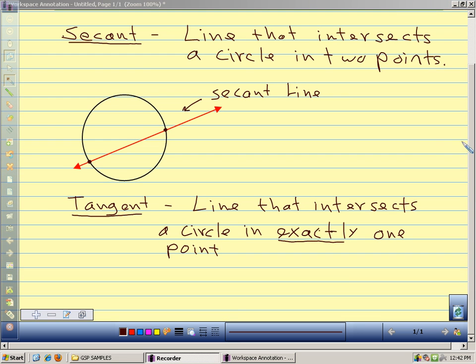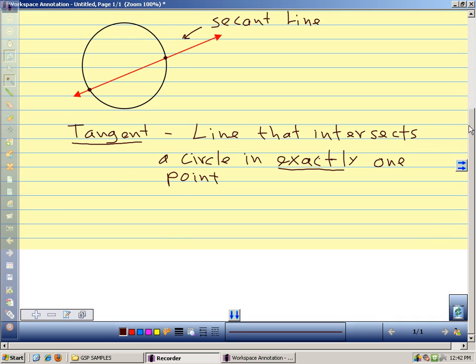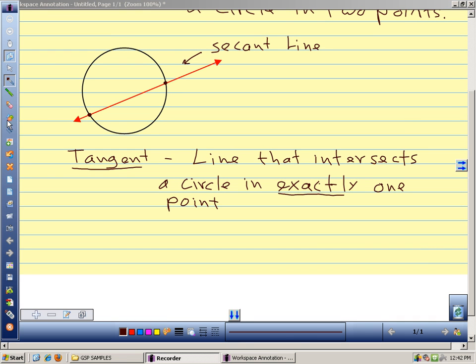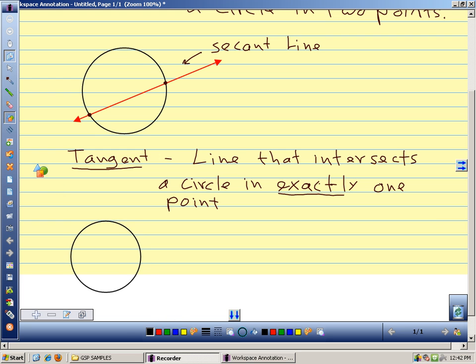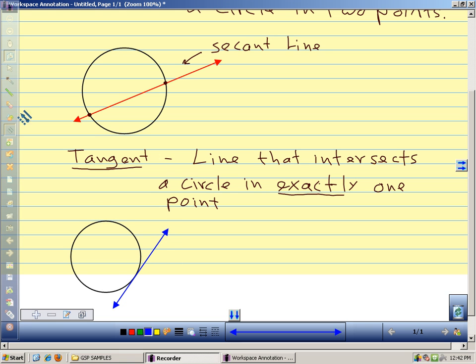So our picture for a tangent line would be, here's our circle, and we'll do our tangent line in blue. So that would be our tangent line. And the point that it intersects right here, we call it the tangent point or the point of tangency. So this is a tangent line.